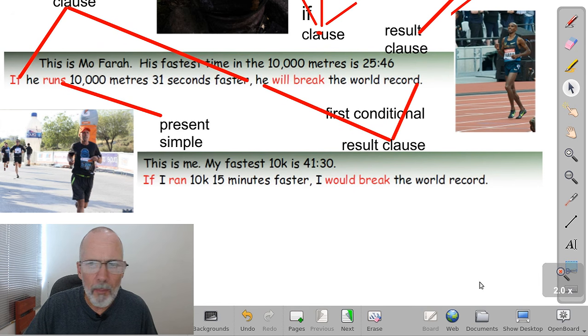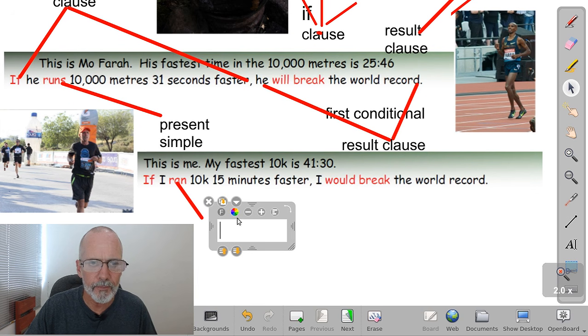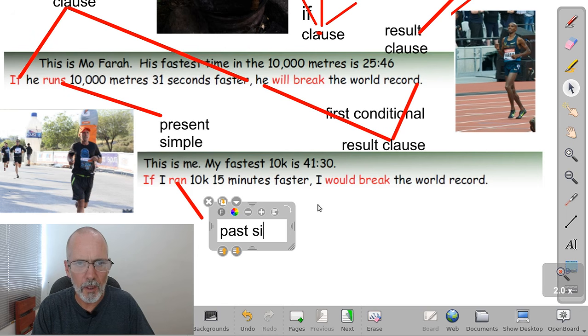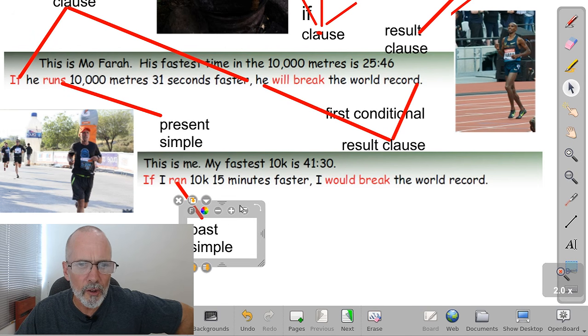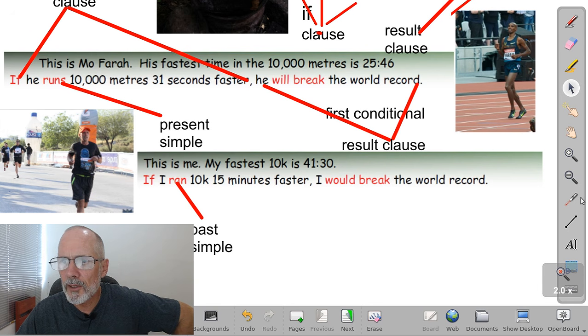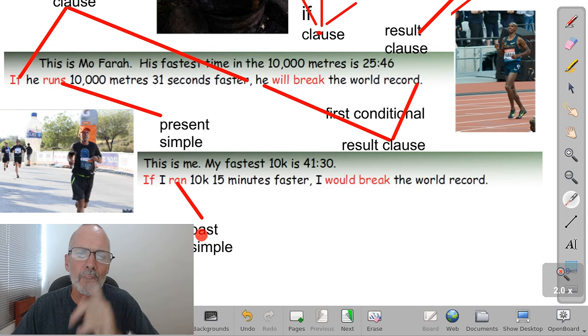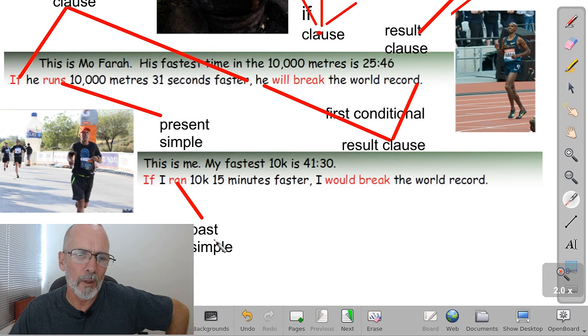And the verb here, talking about me, is in the past simple. Mo Farah's sentence is in the present simple, and my sentence is in the past simple.